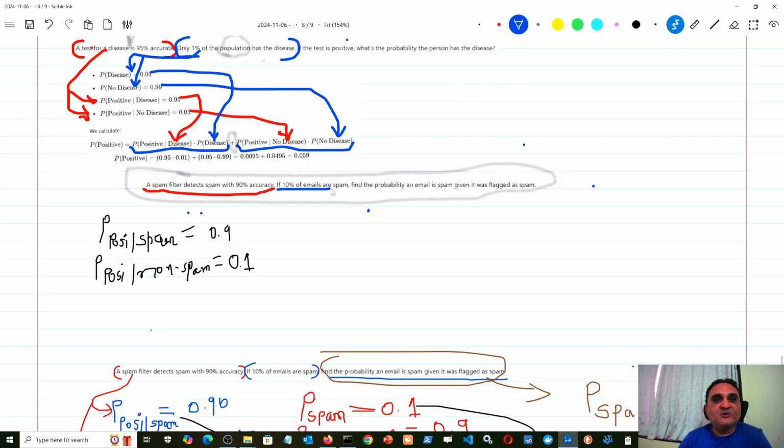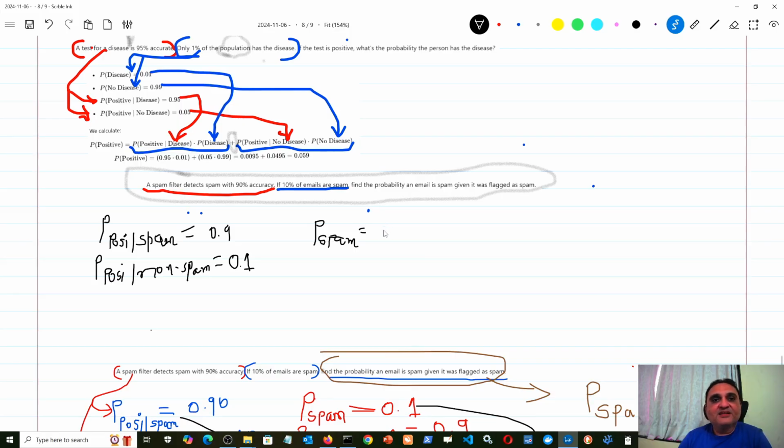Now it is my turn to exhaust the next sentence: 10% of the emails are spam. The word population is not given, but it is given as a general fact that 10% of emails are spam, or at least for all the emails coming to my company, 10% are spam.